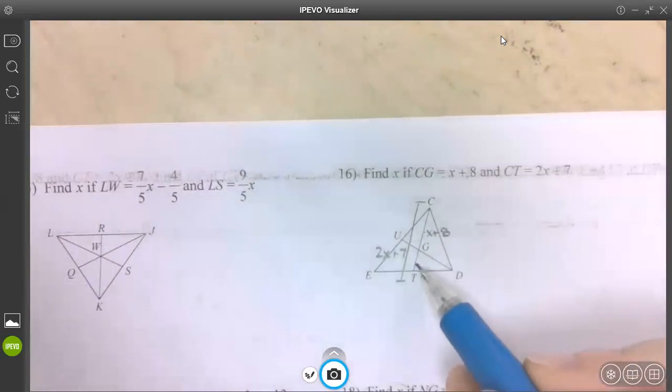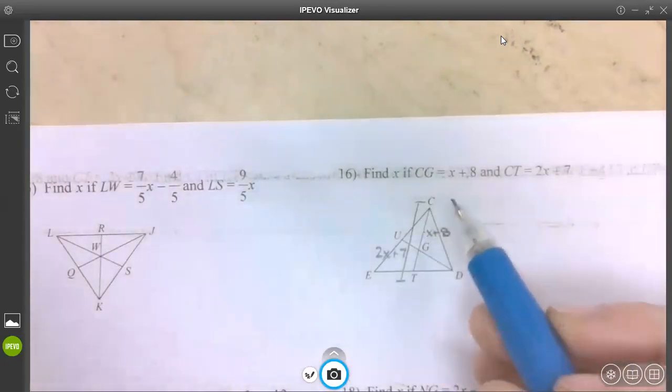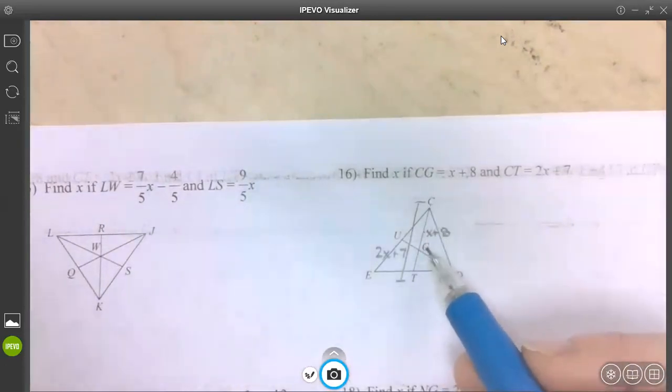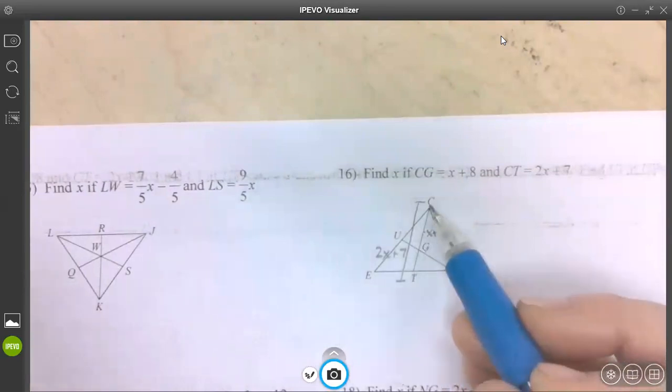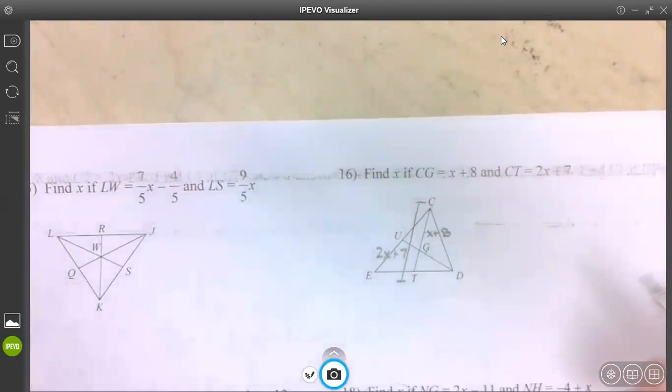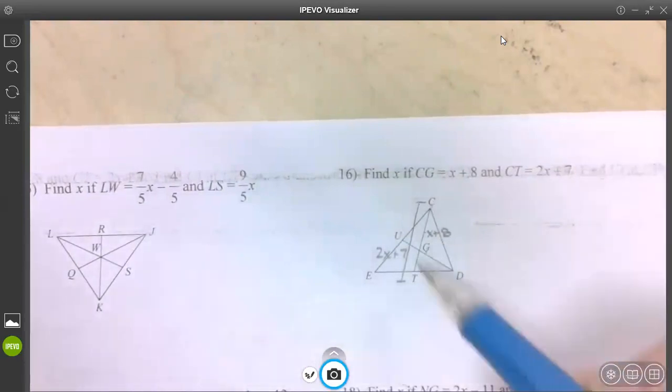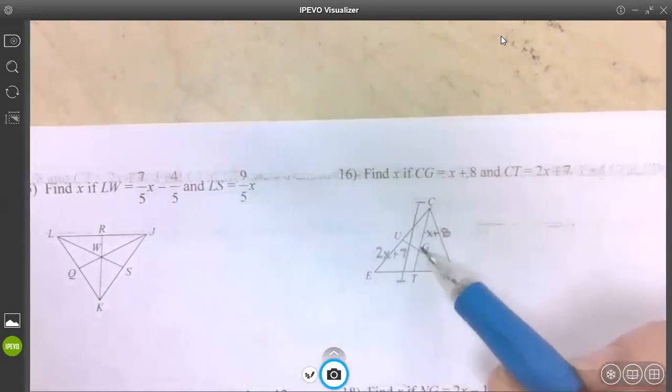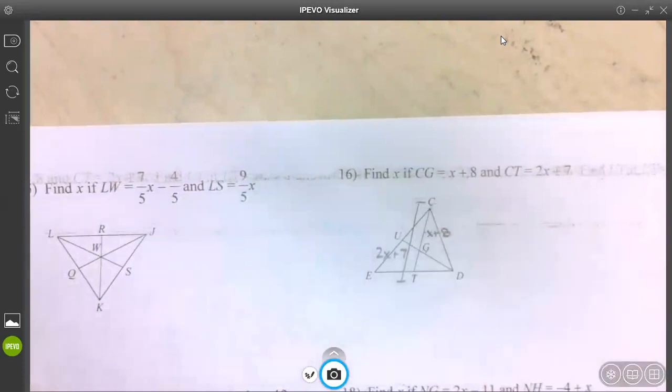This is split into 2 parts. If you look at CG compared to GT, you can see that CG is longer. We don't know how much longer, but we know that it's a big part. When I keep talking about the big part or the longer part, you're talking about the longest length part of this full line CT.